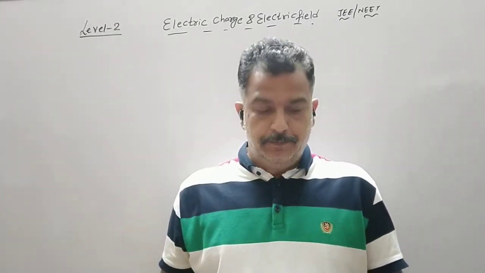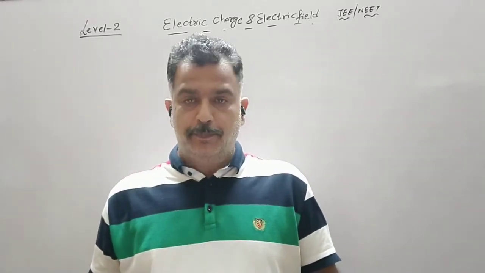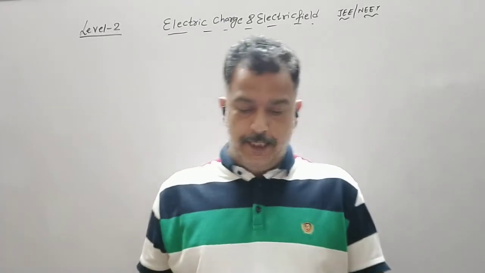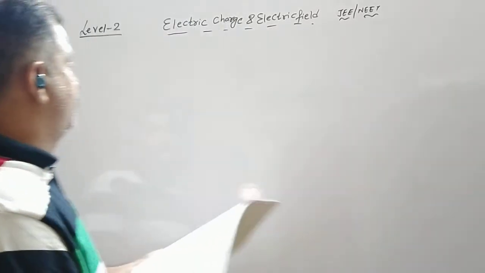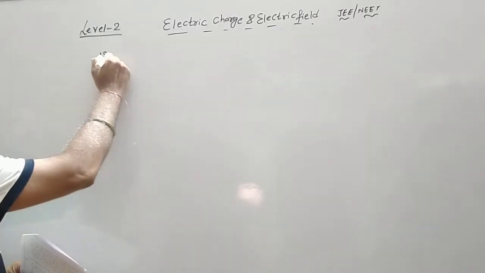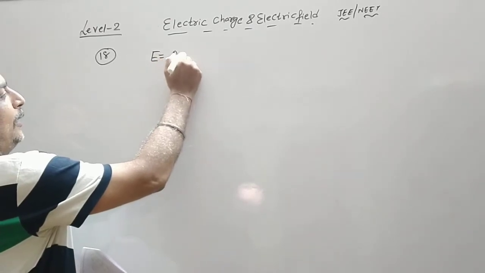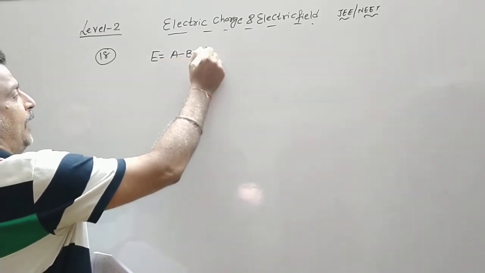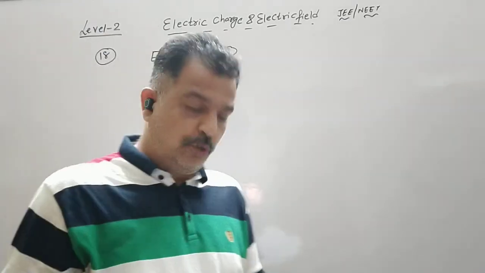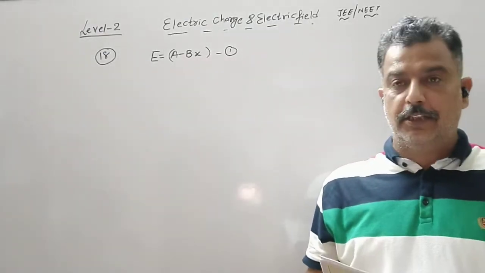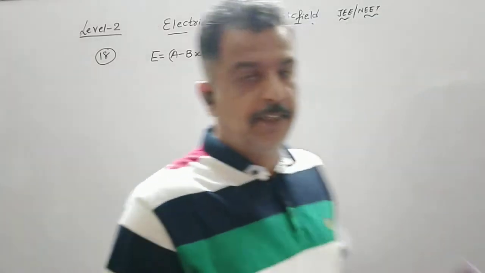Question number 18. A particle of charge Q and mass M moves rectilinearly under the action of an electric field E is equal to A minus Bx. So the electric field is given, E is equal to A minus Bx, where A and B are some constants and x is the distance from a point where the particle was initially at rest.